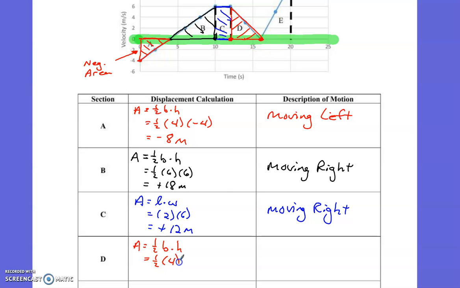That's a distance of 4. The height is from 0 to 6. So that's a distance of 6. If I take 1/2 of 4 times 6, I get a positive 12. Again, it is above that horizontal axis. Therefore, it is a positive displacement, or it is moving right.